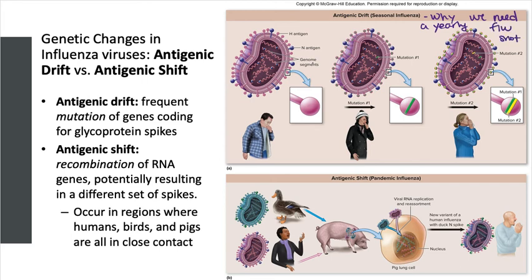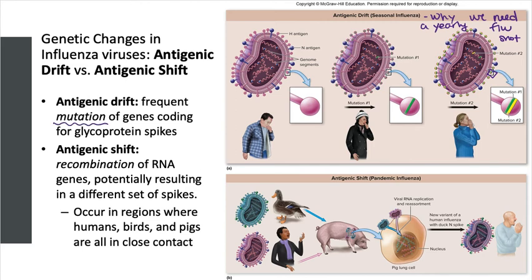So the RNA genome will mutate just a little bit. Maybe there will be a couple of mutations. And so if the spike or the antigen changes, then the antibodies we had made the previous year might not attach to this new mutated antigen. So the drift is a slow change of the glycoprotein spikes due to a mutation event.